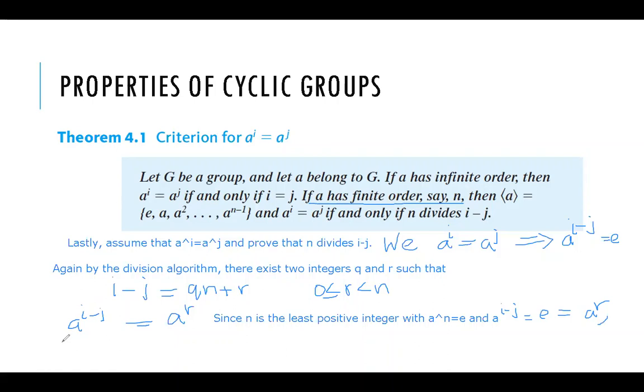It is only true when r is equal to 0. And what happens if r is equal to 0? If the remainder is 0, this means i minus j equals qn, and by definition, n divides i minus j.